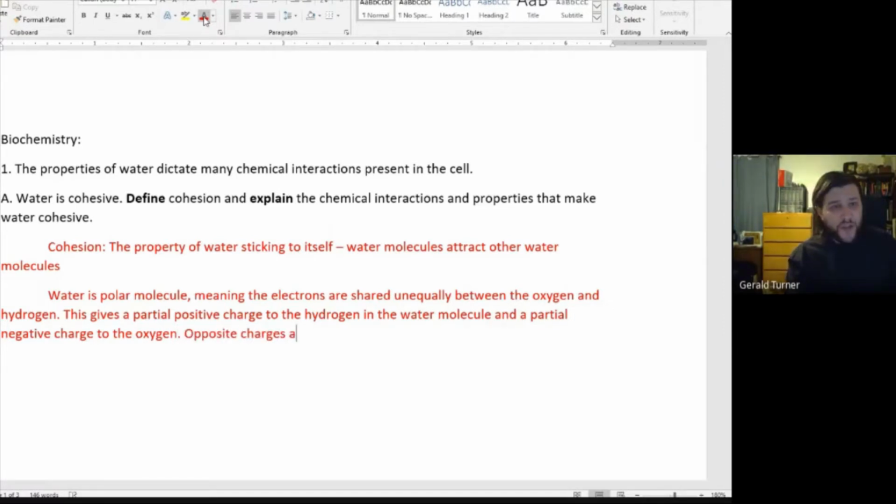Opposite charges attract. So the oxygen of one water molecule is going to be attracted to the hydrogen of another.